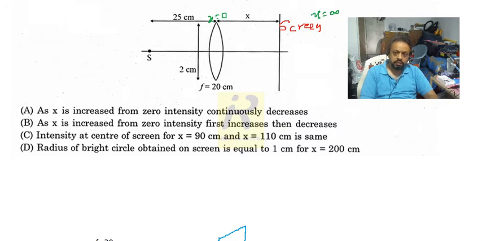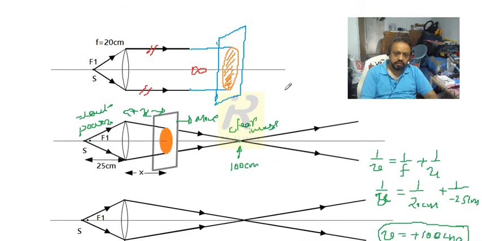No, it does not continuously decrease, right? See, once you observe this picture clearly, when you move from left to right, intensity increases, right? It becomes maximum. Once you go beyond this point, again intensity decreases, because the area occupied by the light, say here somewhere, is more, and more, still more.